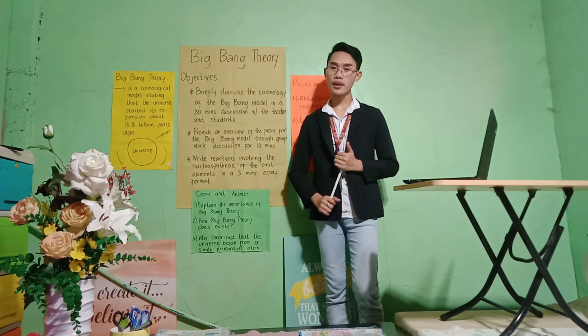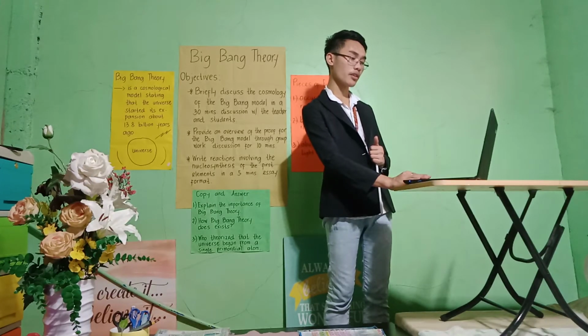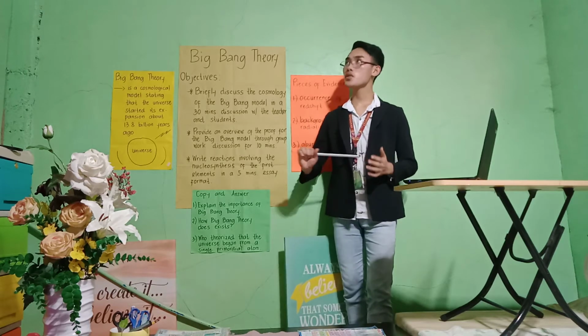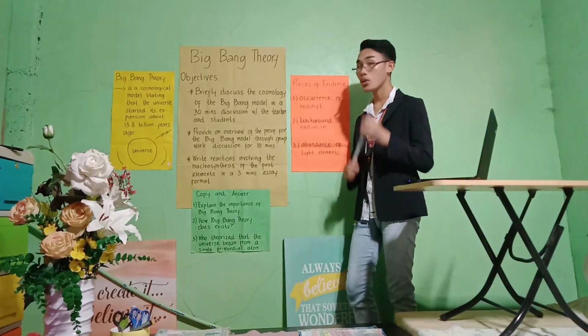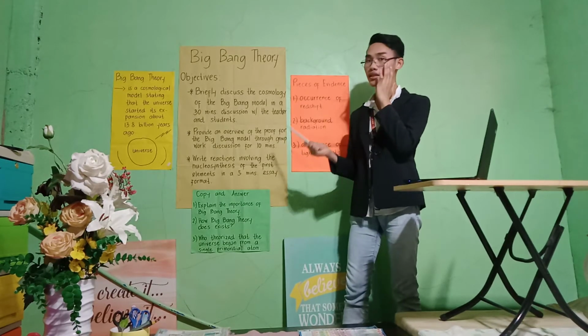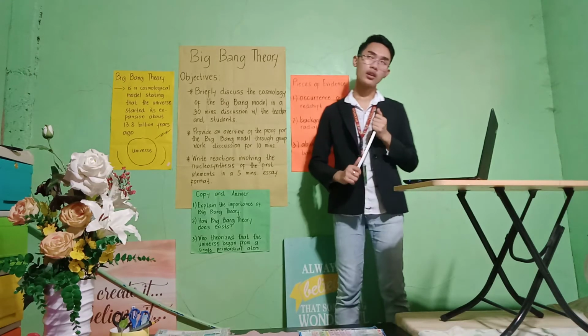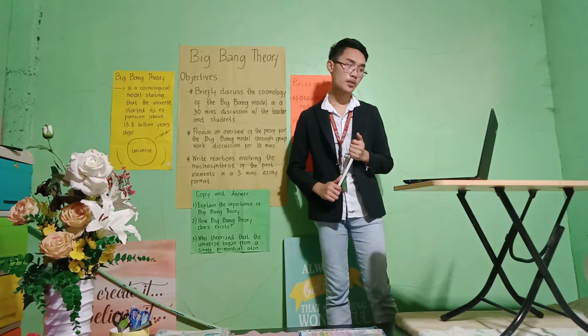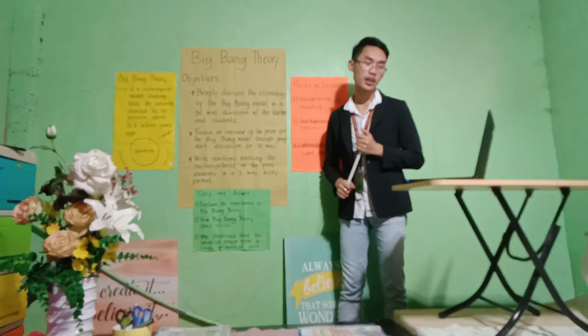Okay, great job, class. For the application, I need to know that you already understand what I discussed to you. You are going to perform a group activity, and I will divide you into groups.